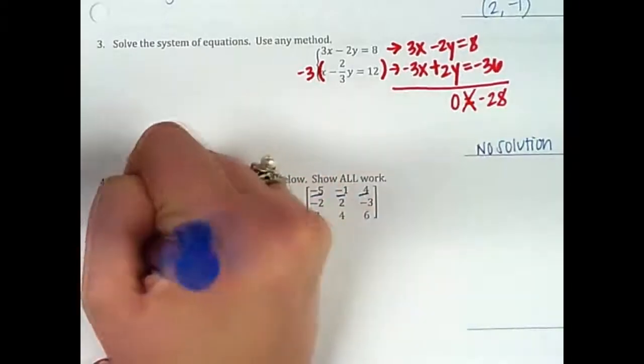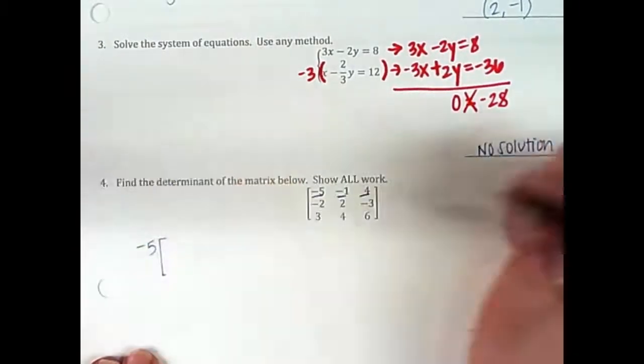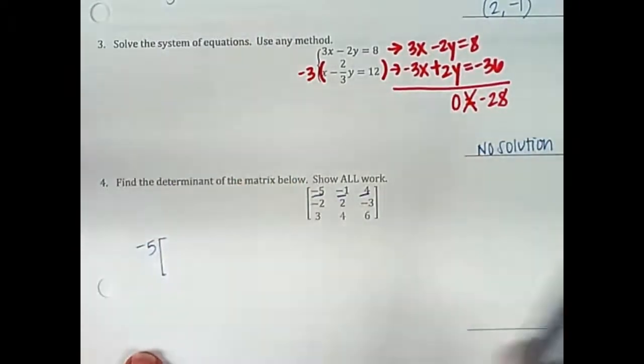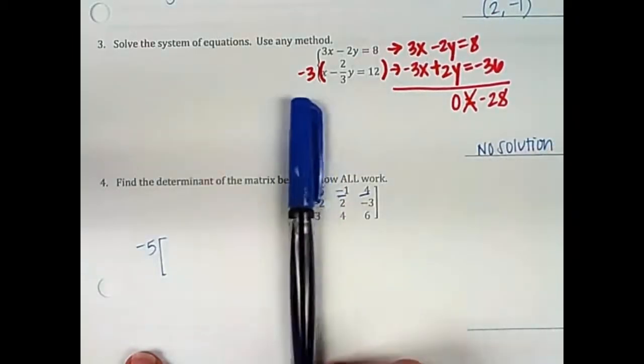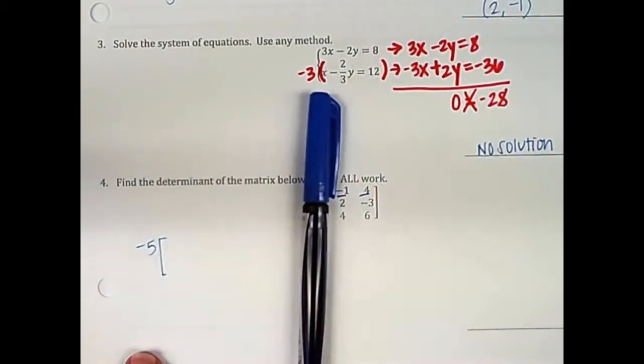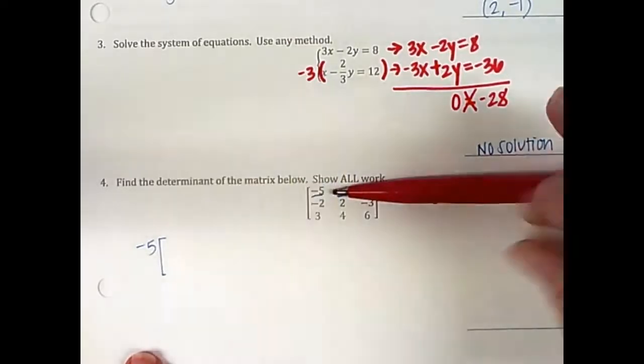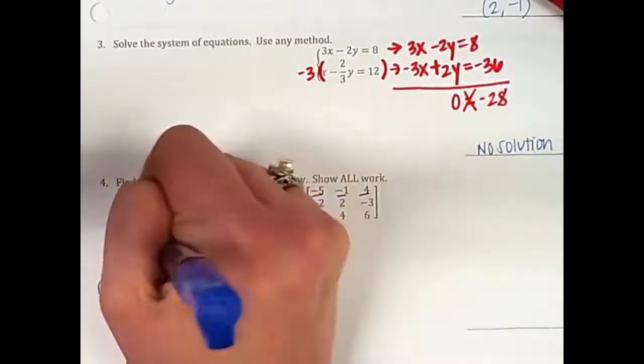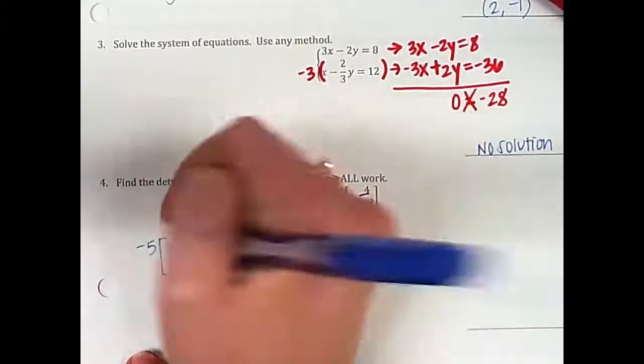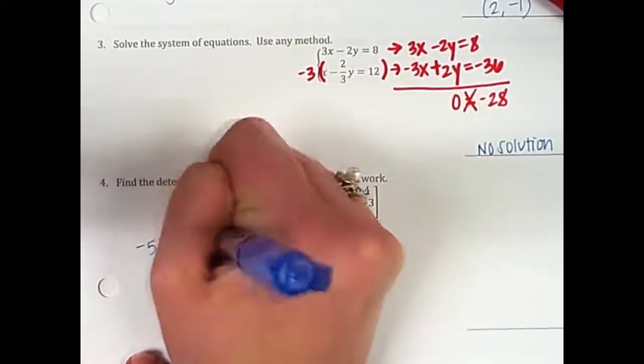For -5, we cover up its column and the row it's in as well. And so we're left with 2, 4, negative 3, 6. So that's our new 2 by 2.